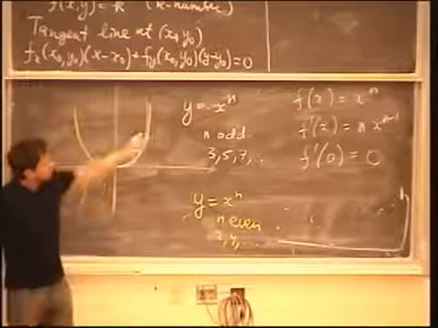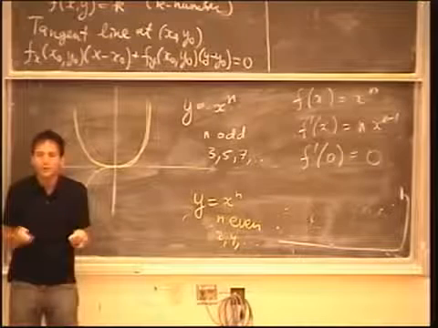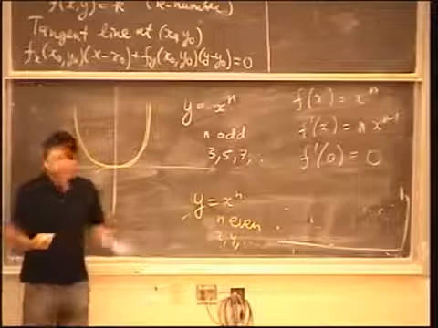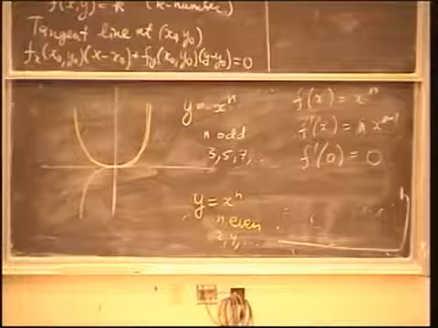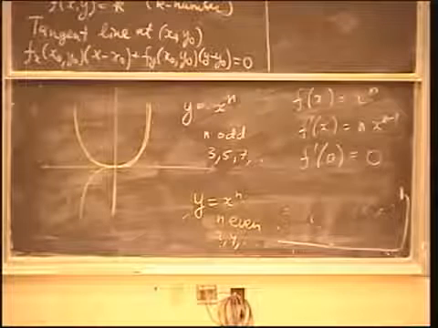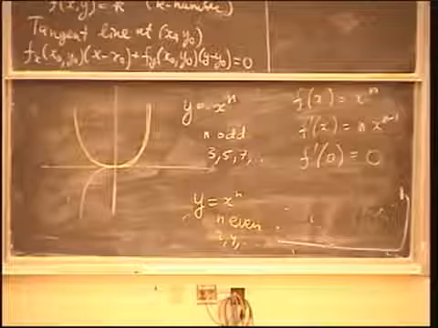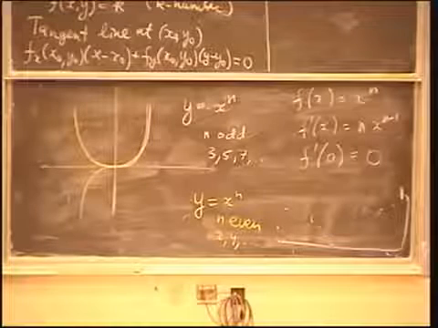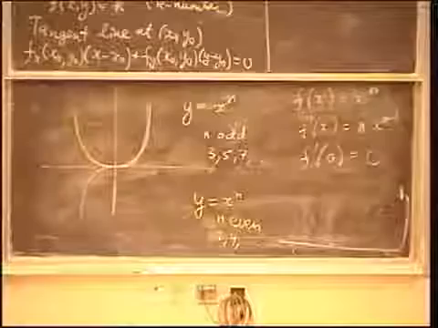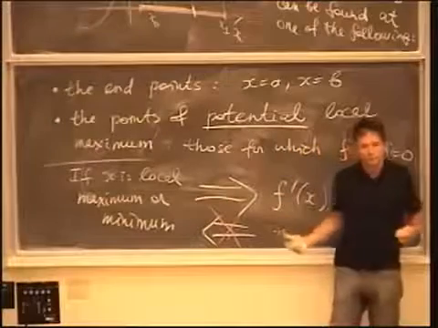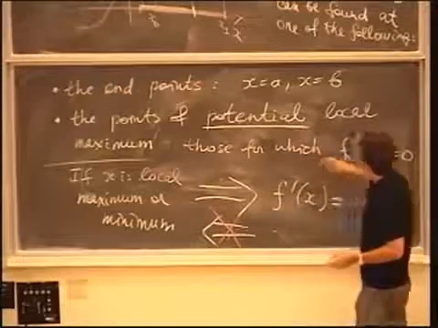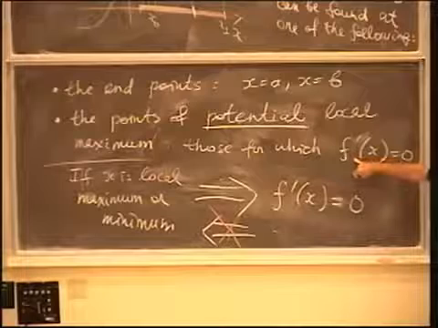So in other words, there are many scenarios where the derivative equals 0 and it is a maximum or minimum. And there are many scenarios where the derivative is 0, but it's not a maximum or minimum. Okay? So it only goes one way. If it is a maximum or minimum, then the derivative is 0. That's why I said those are the points which potentially could be maximum or minimum.